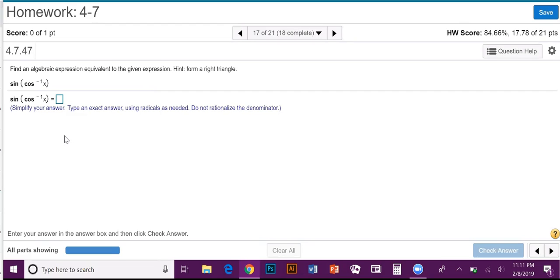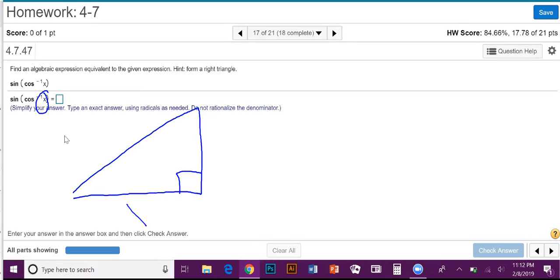Okay. This right here. I remember doing it, but I don't remember how. Okay, so this is where that x over 1 comes in. So since it's cosine, that's adjacent over hypotenuse. Does that make sense so far? Okay, so this is the square root of 1 squared minus x squared.